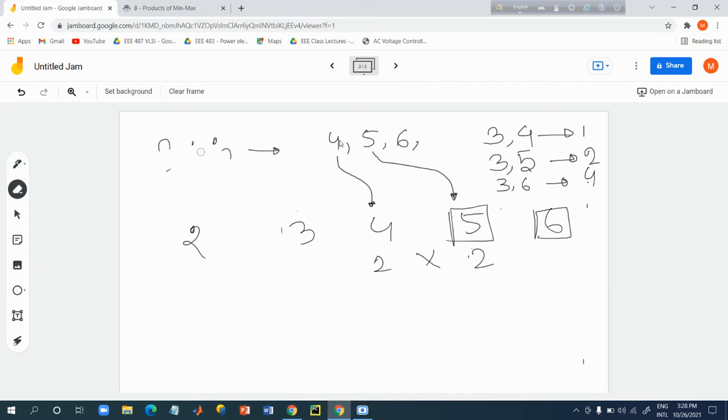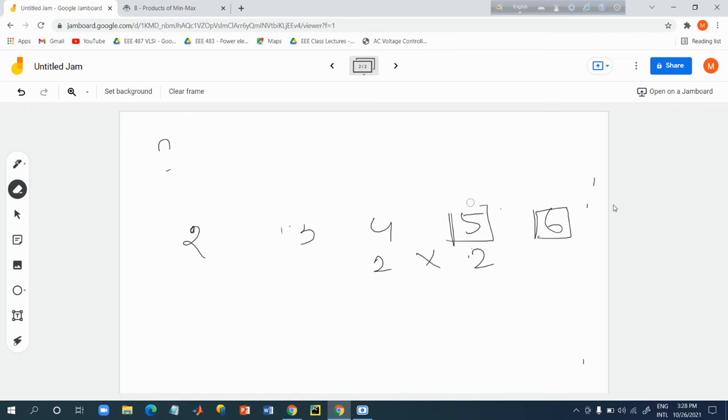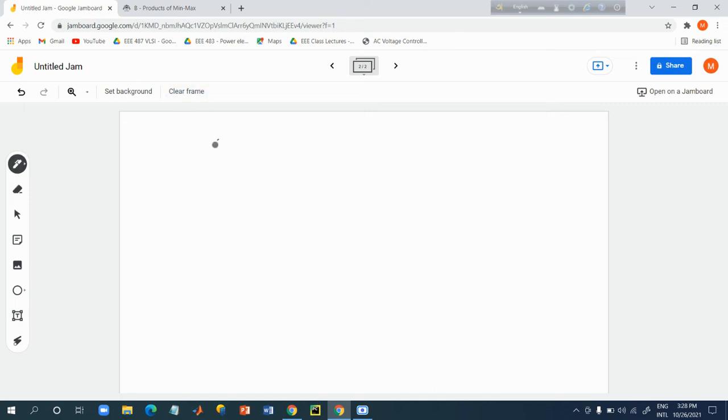So how can we solve this, right? What we will do here, we will just write the sequence again: 2, 3, 4, 5, 6, right? So what's happening here? First we will start from i equals 0. Now for the first element, we can't do anything.